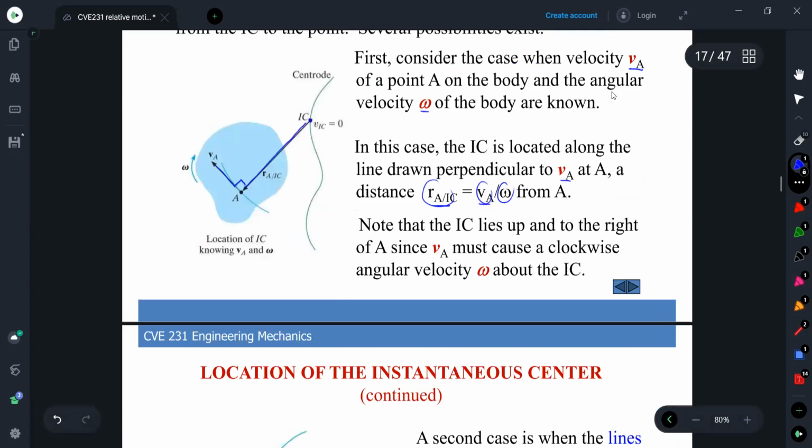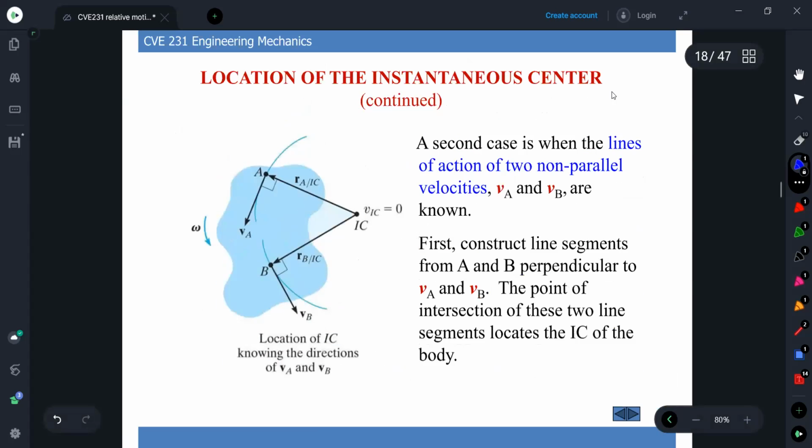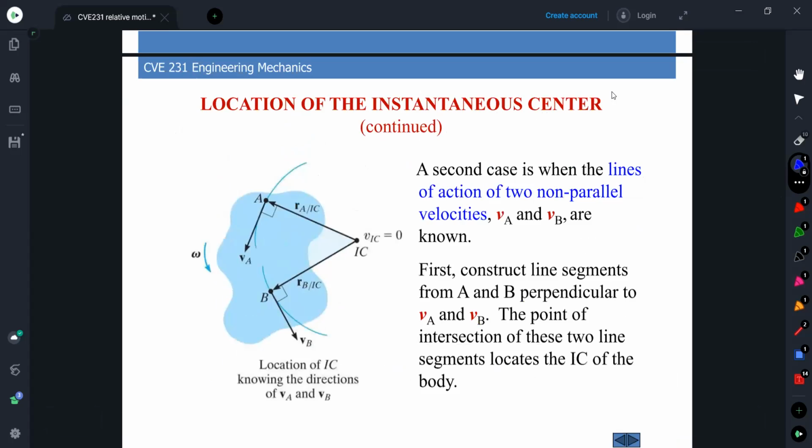For the second case, the lines of action of two non-parallel velocities VA and VB are known. We know the directions of VB and VA.